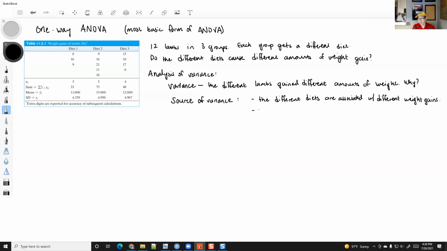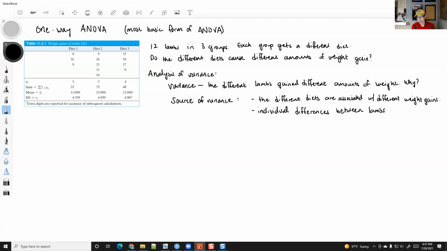And then just individual differences between the lambs, right? You could have given all the lambs the same diet and you still would have gotten different amounts of weight gain just because the lambs are different. There's one lamb that just keeps eating and gains a lot of weight, and there's another lamb that eats less and doesn't gain as much weight. So there's always going to be just individual differences. Okay.